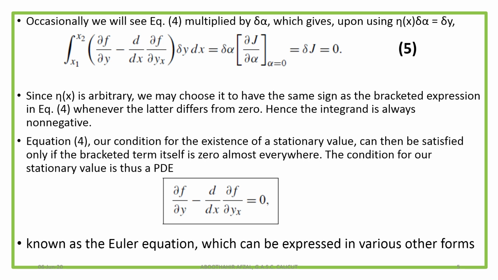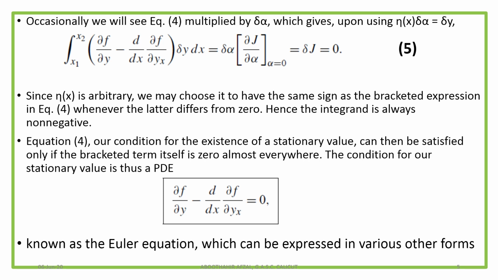So this condition, where the bracket of the integral in equation 5 is 0, is nothing but a differential equation which is called the Euler equation, which can be expressed in many other forms.